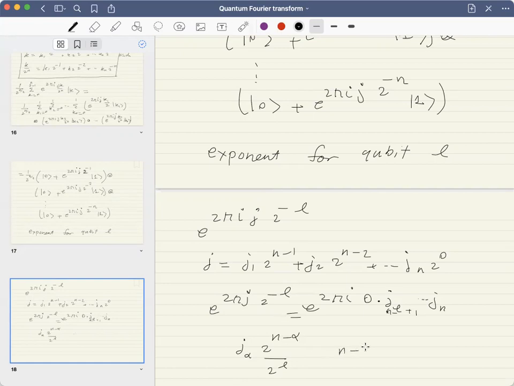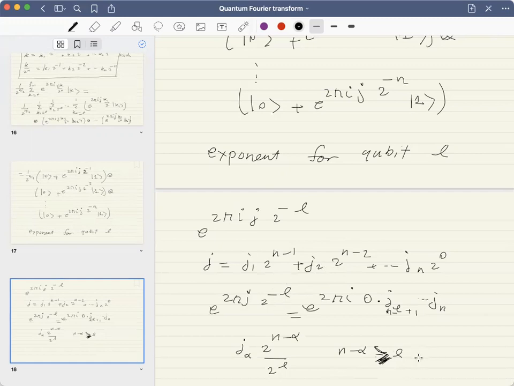If n minus alpha is larger than or equal to L, then what remains is an integer.